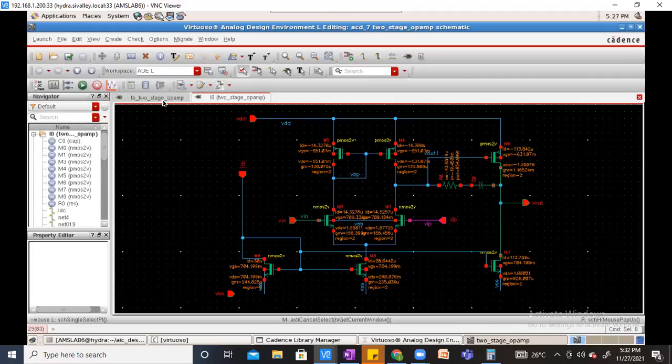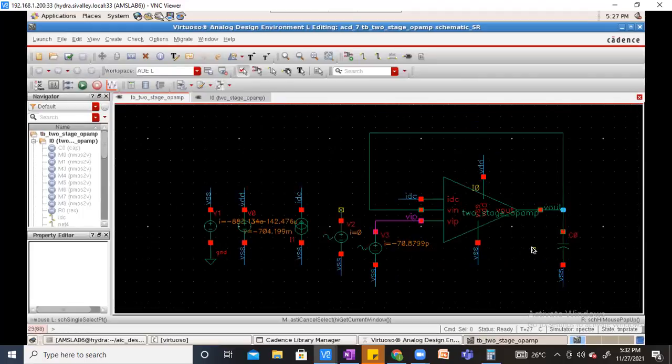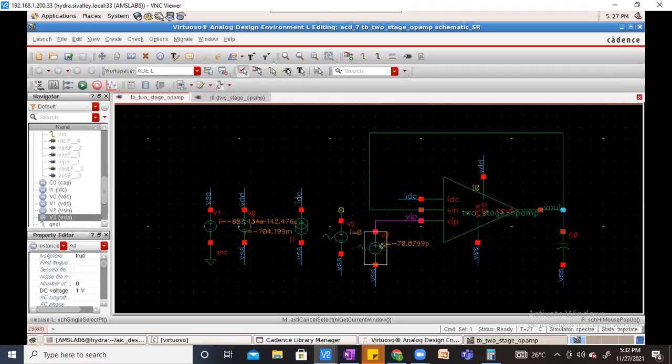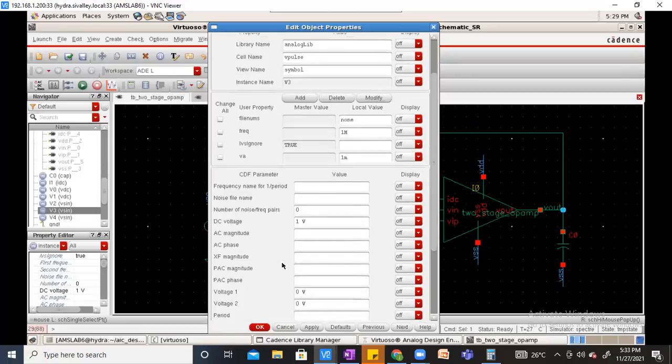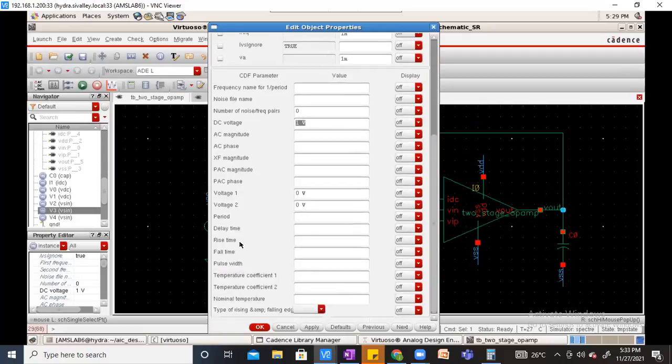I'll use the same Opamp. Same Opamp, but here instead of this, I have to give a pulse. What I will do is I'll make the same thing a pulse, V pulse. Zero to VDD.